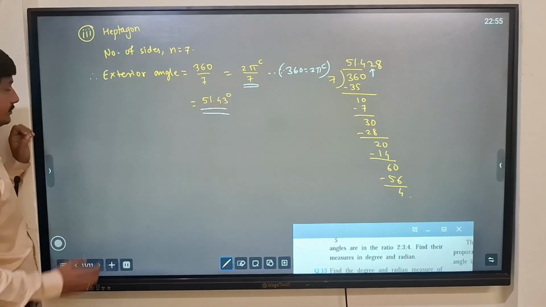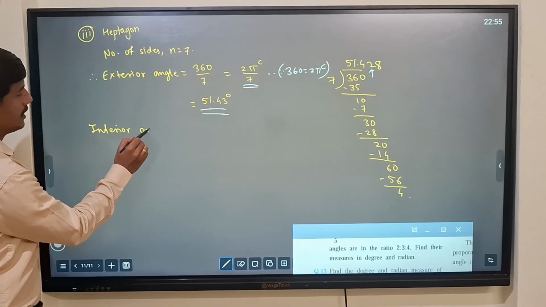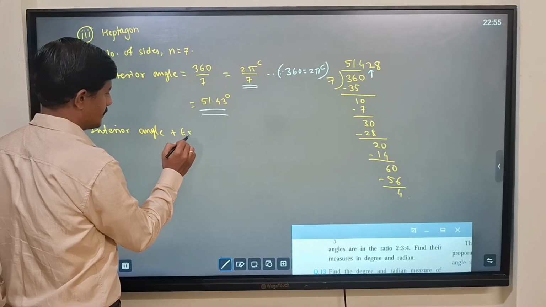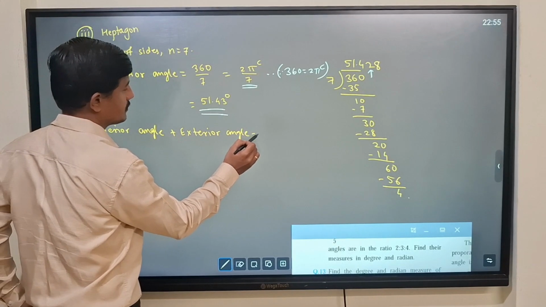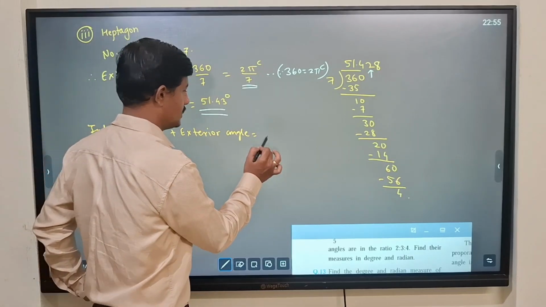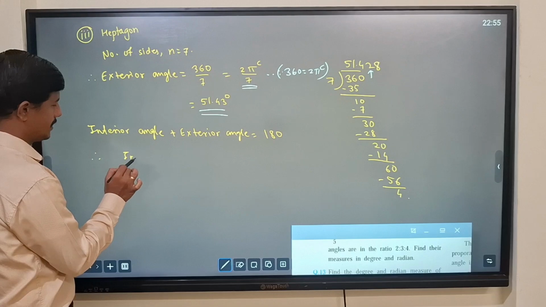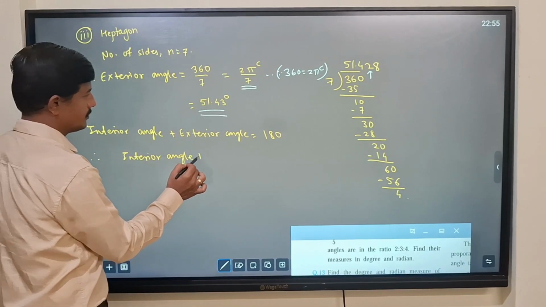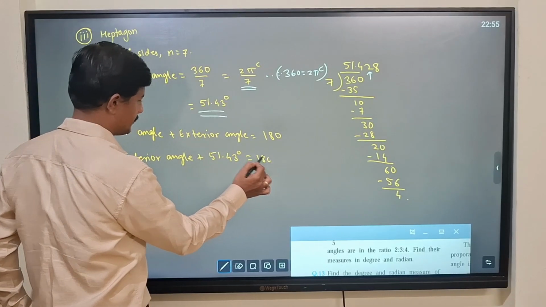Now, interior angle plus exterior angle is equal to 180 degrees. Therefore, interior angle plus 51.4 degrees equal to 180.